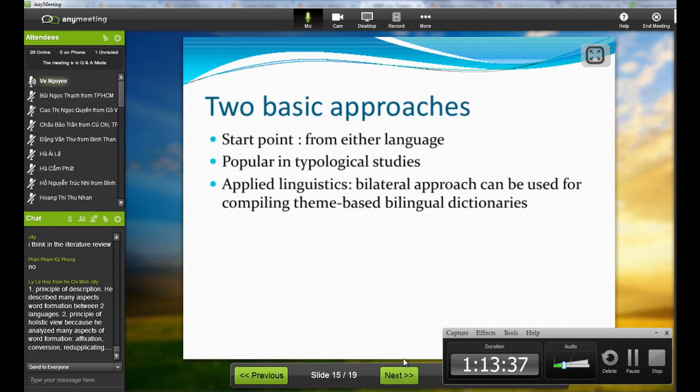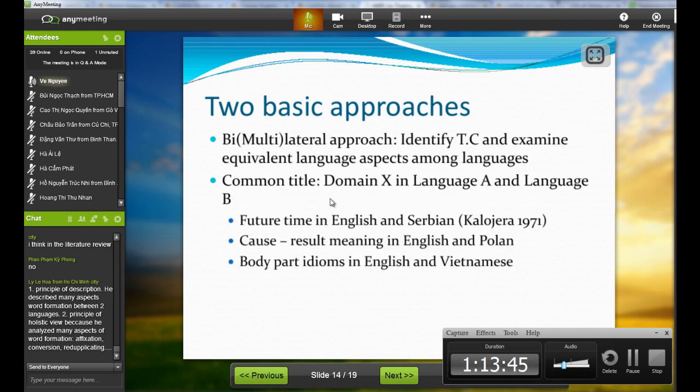And usually, this kind of approach is easy for you to analyze, because you can always point to similarities and differences.